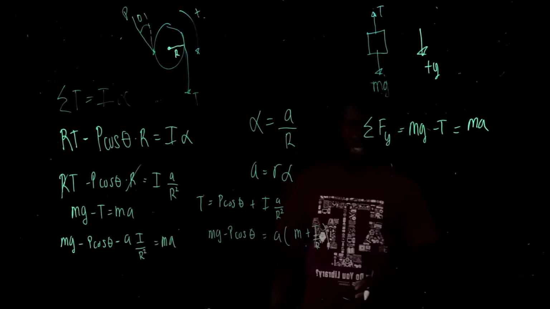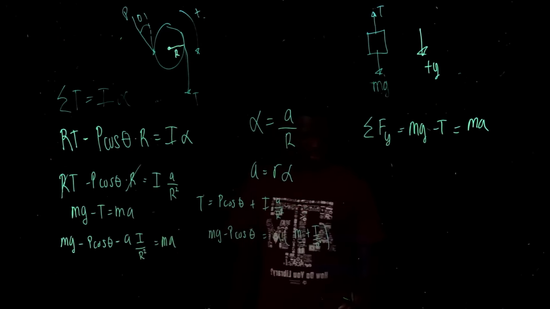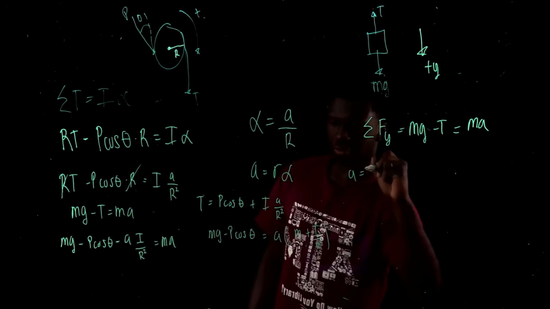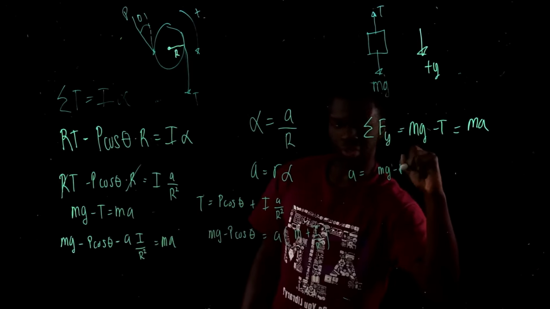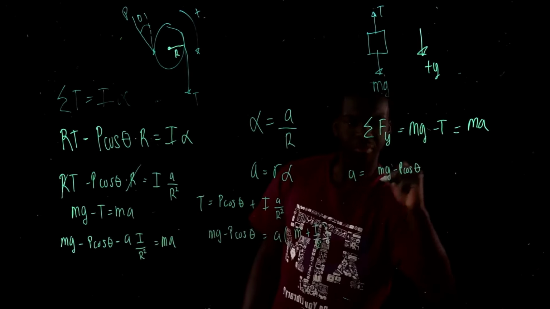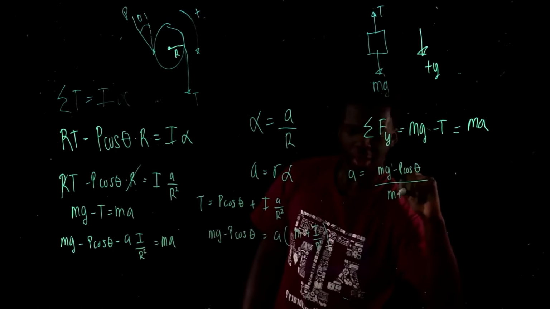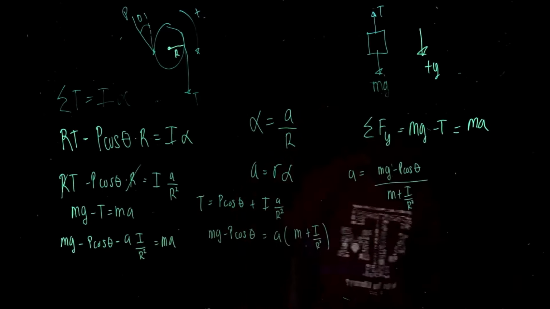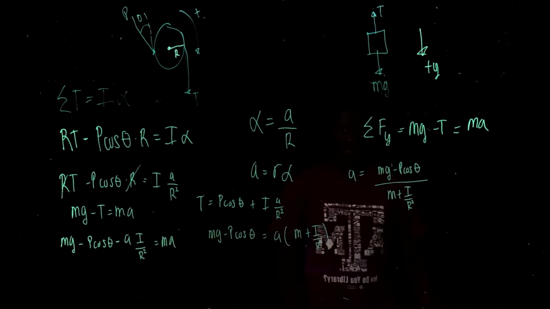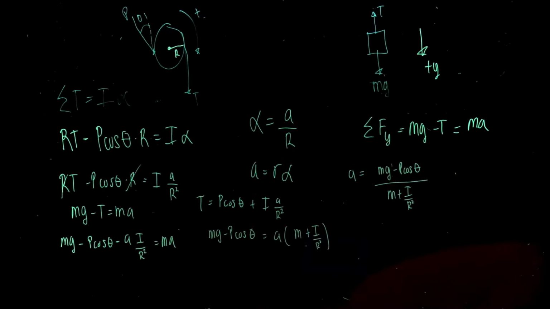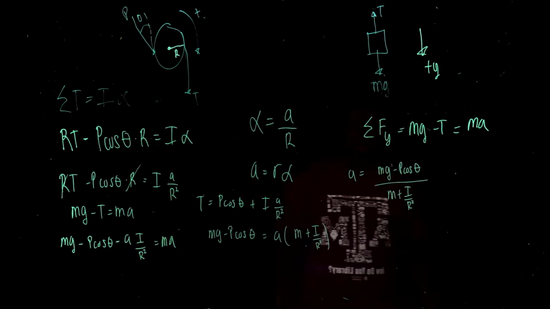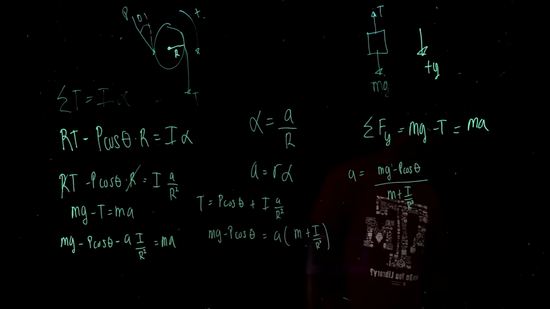And that's the right formula. And now we can know what A is, just divide both sides. Mg minus P cosine theta over M plus I over R squared. And that is the A. Okay, so now we know the acceleration.